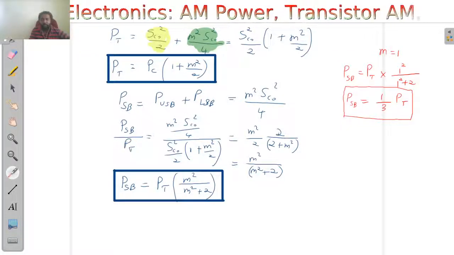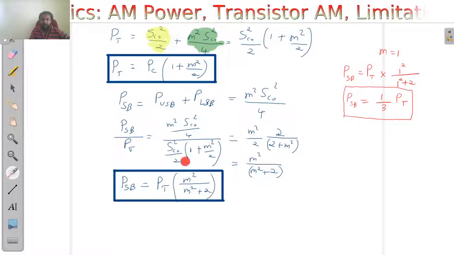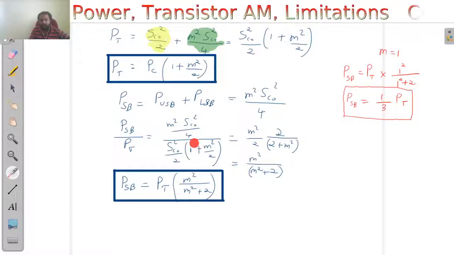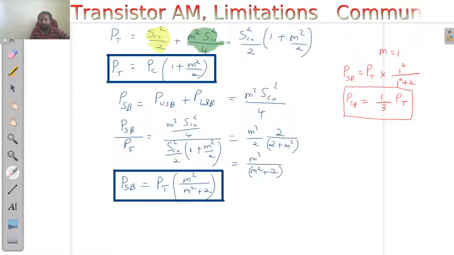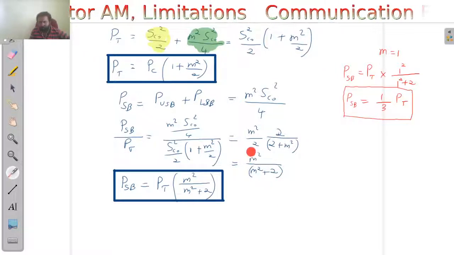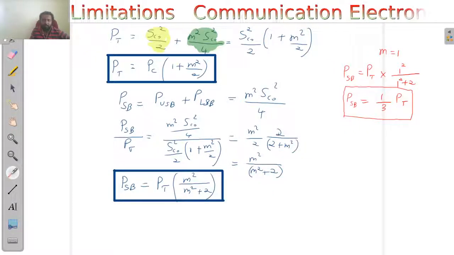The SE0 square terms will go off, the 2 and 4 will go off, and m square will remain, and you get an equation like this: m square by 2 plus m square.